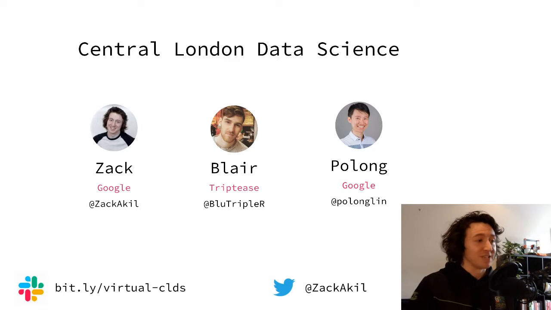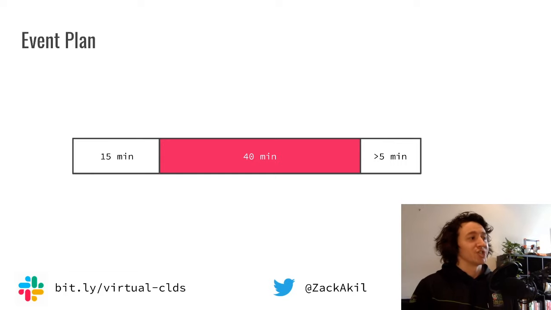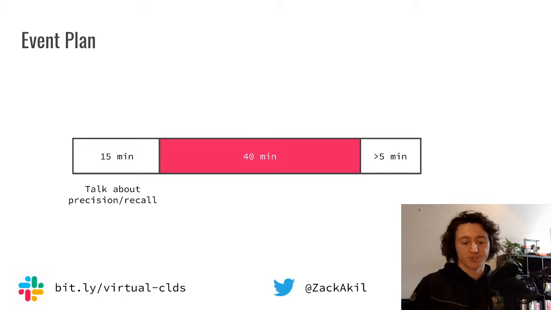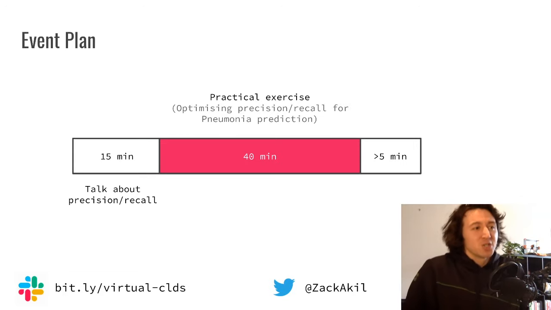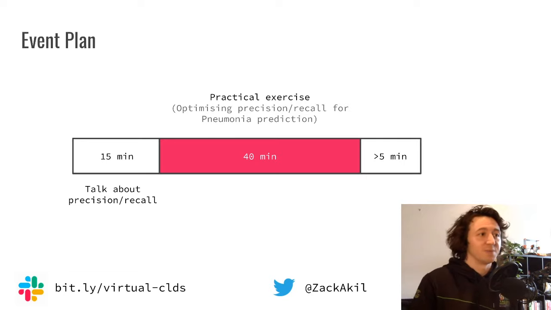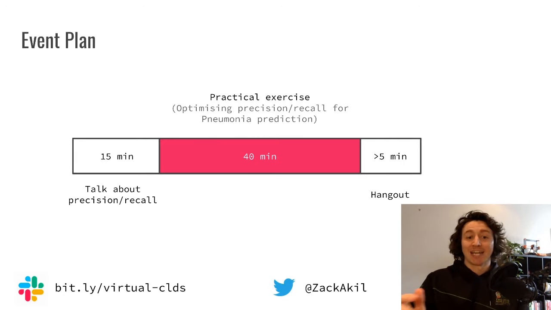Later on in the evening, we're first going to start with a 50-minute talk about precision recall and all the theory. Then we're going to get into a really nice, juicy practical, which we've set up for you, along with some really cool interactive tools that we've built specifically for this meetup. And then we're going to end with a hangout.